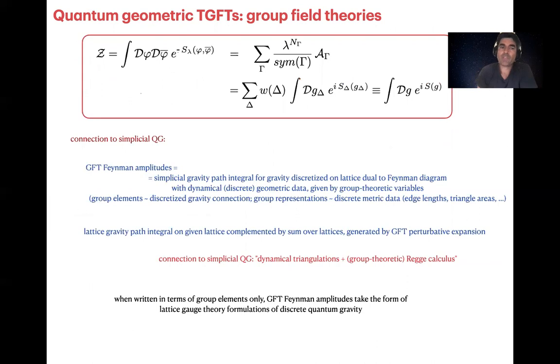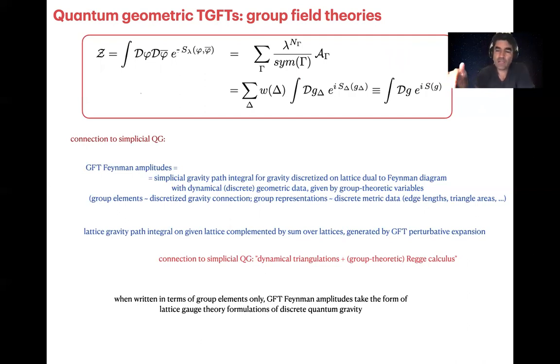For example, the connection to simplicial quantum gravity is now much richer. The fact is that the Feynman amplitudes are now simplicial gravity path integrals, again for gravity discretized on the lattice dual to the Feynman diagram.